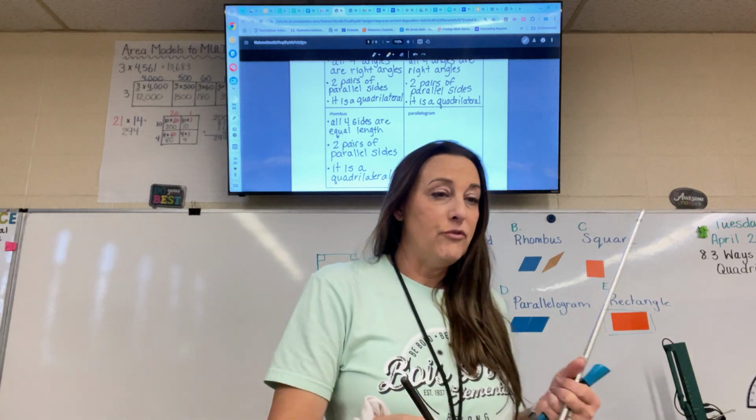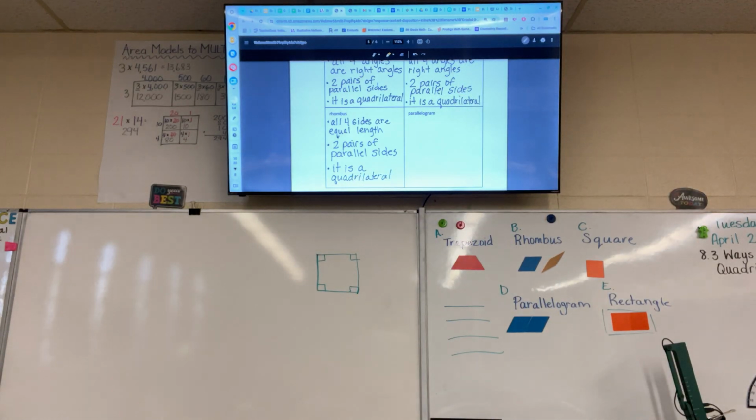And so over here on your parallelogram picture right here, see how those are the same length? And those are the same length. So it's gotta have two pairs of sides that are equal length.